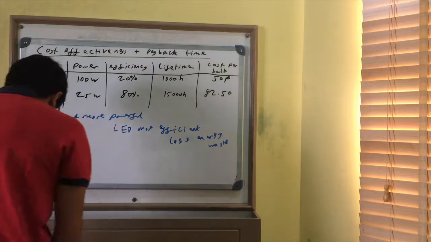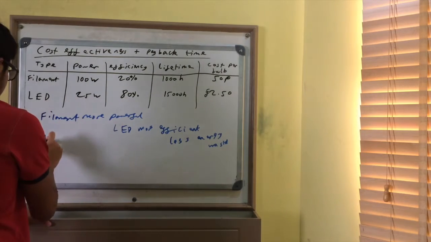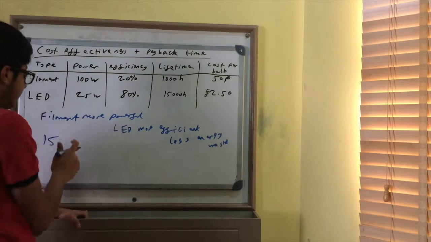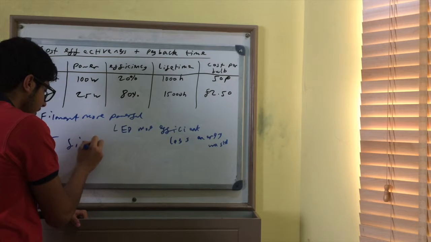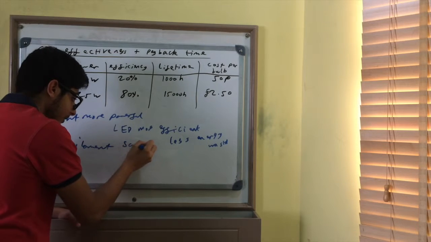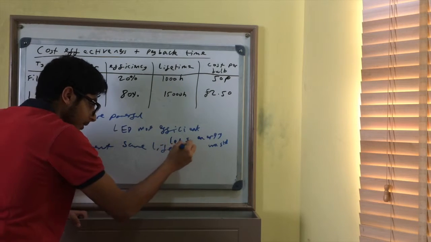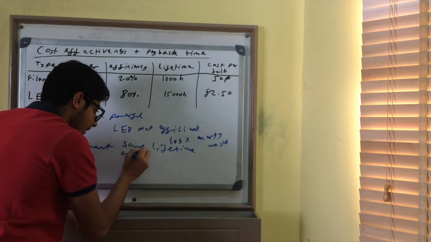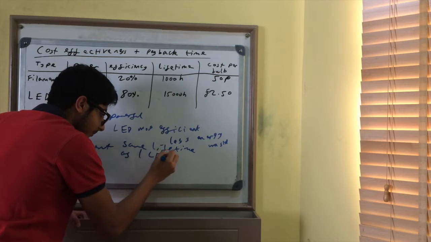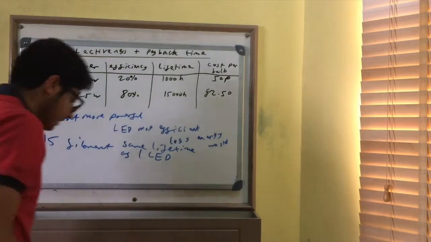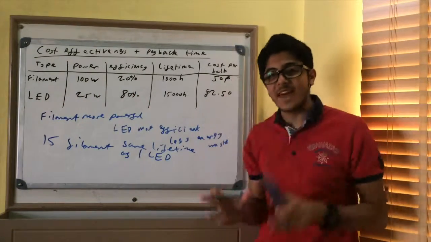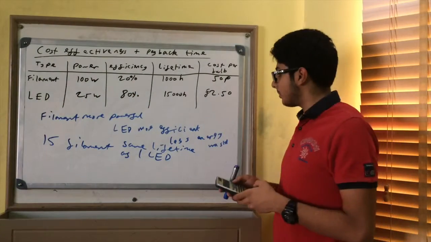So from the calculations I can make, you would need 15 filament bulbs in order to get the same lifetime as one LED. And so which one is more cost effective in the long term?